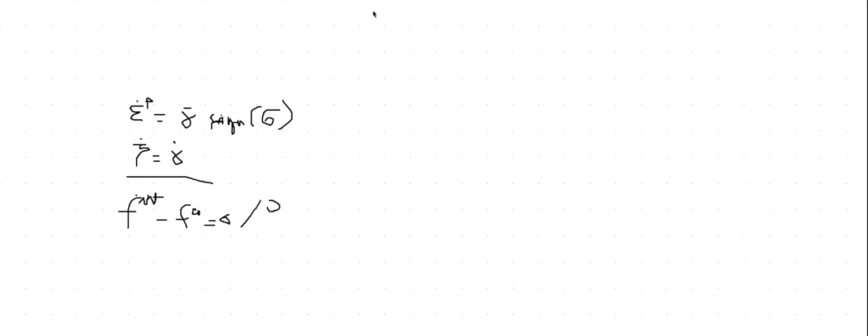Oops, sine of sigma. That doesn't matter. And then here I have xi dot equal to gamma dot. Here I had an equation which is f internal minus f external, a function of time, equal to 0. For this equation, I take the derivative with respect to time.